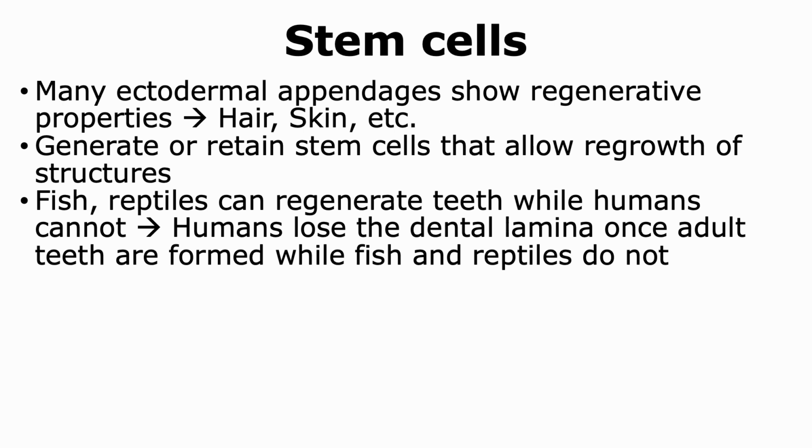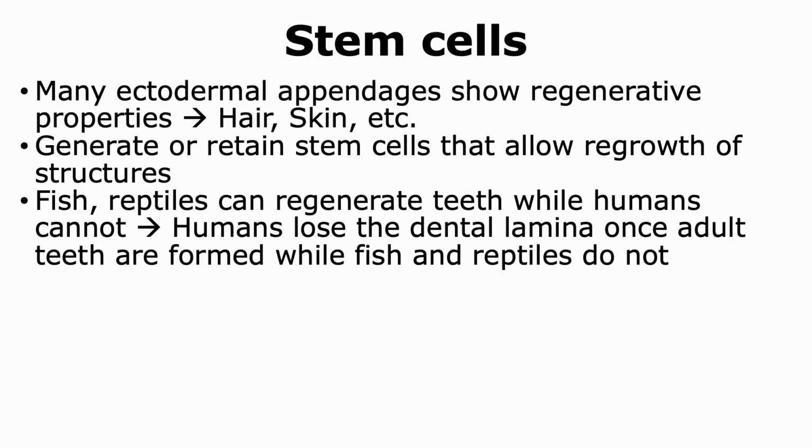For example, in the case of fish and reptiles, they can actually regenerate teeth throughout their lifetime. However, humans cannot. In the case of humans, we lose our baby teeth or milk teeth, but once we get our adult teeth, if we lose them, we cannot regenerate them.